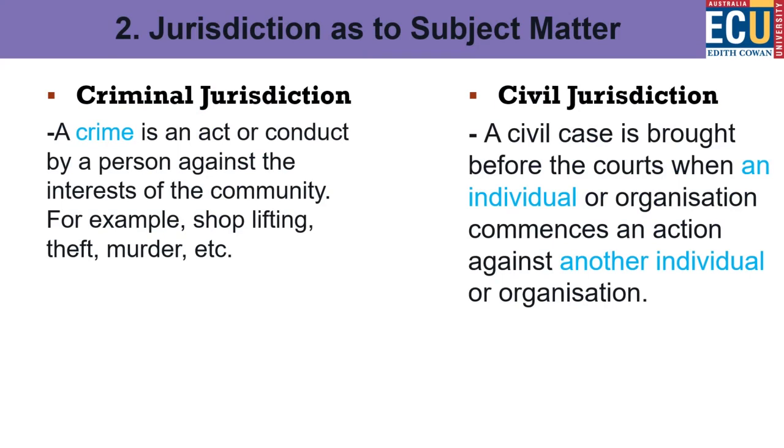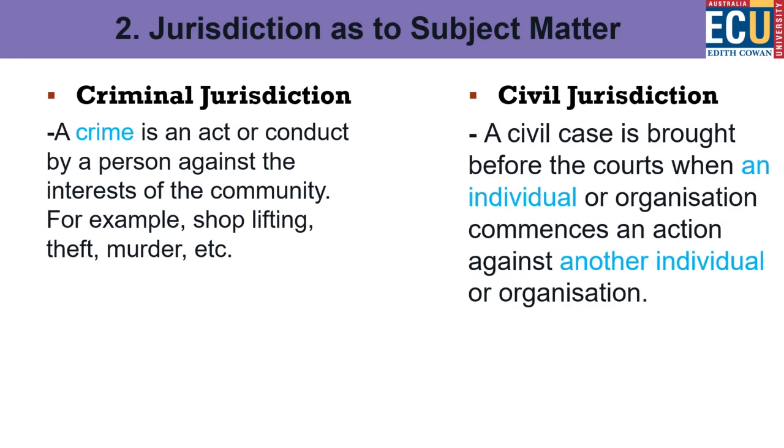Now, the second criterion based on which courts can have different jurisdictions is the subject matter of the case. Last week, when we talked about classification of cases and laws, we learned that based on the content of the case, it can be a criminal case or a civil case, right?